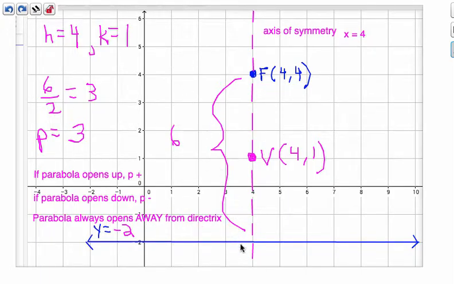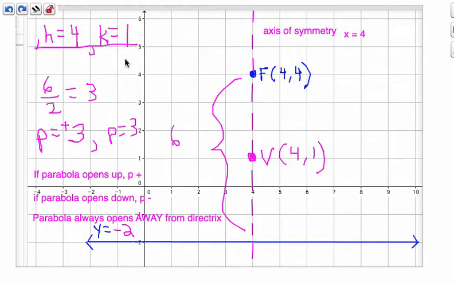The parabola will never cross the directrix. So we know this parabola cannot open downward, or it would cross the directrix. This parabola has to open upward. So therefore, this parabola opens up, p is positive. So we know that p is positive 3. So we just write p equals 3.